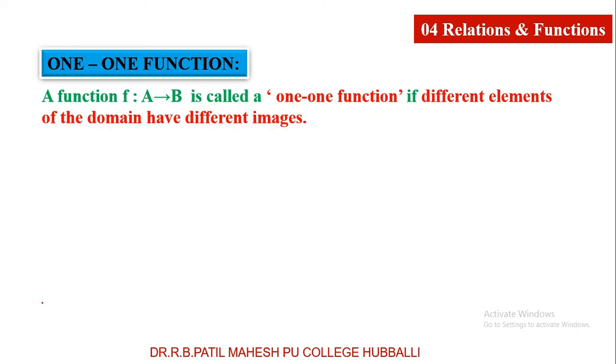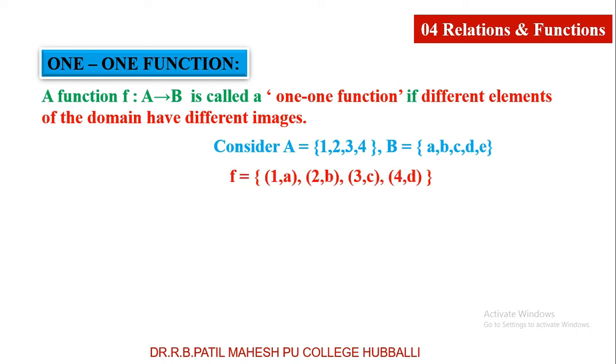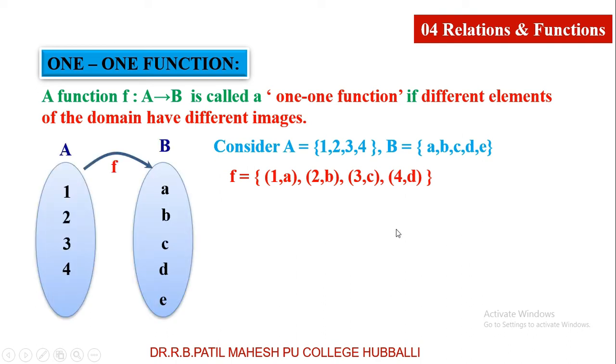So what is the exact meaning of this? Consider the set A = {1, 2, 3, 4} and the set B = {a, b, c, d, e}. These are the two sets. Let me write one function here: 1a, 2b, 3c, 4d. This is a function, and let us draw its arrow diagram. F from A to B, set A consists of 1, 2, 3, 4, B consists of a, b, c, d, e as given.